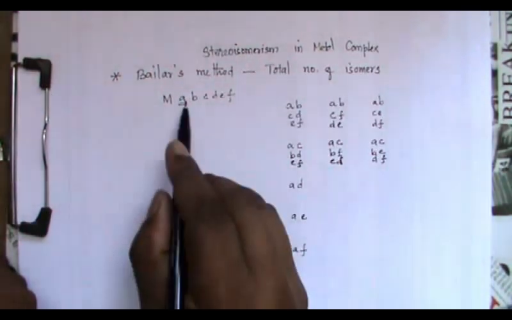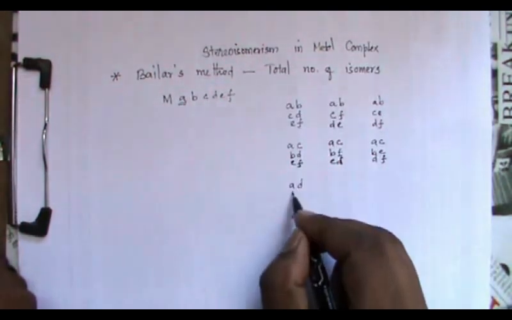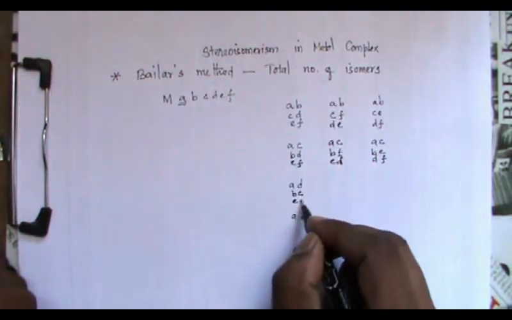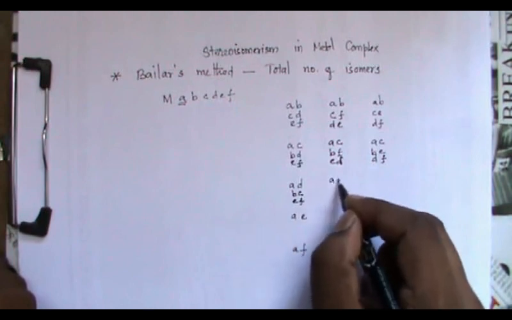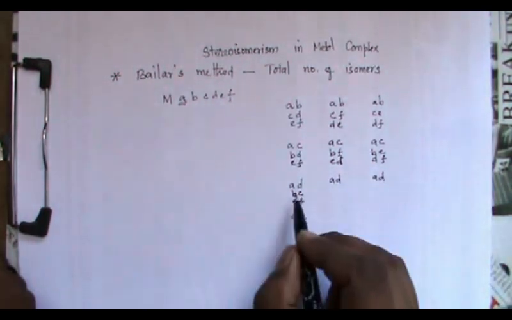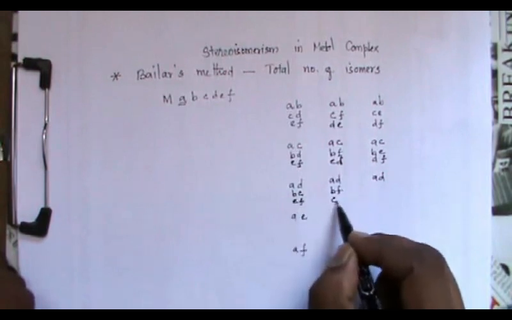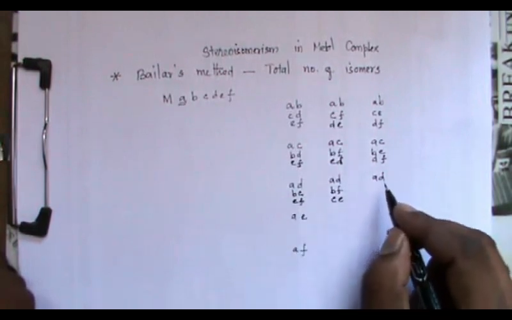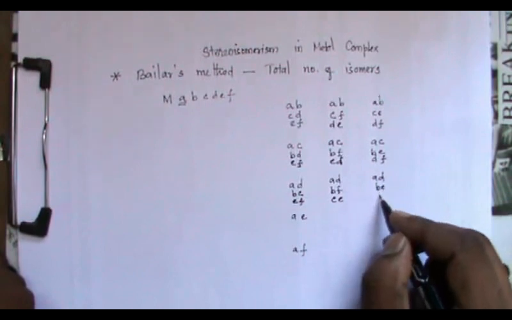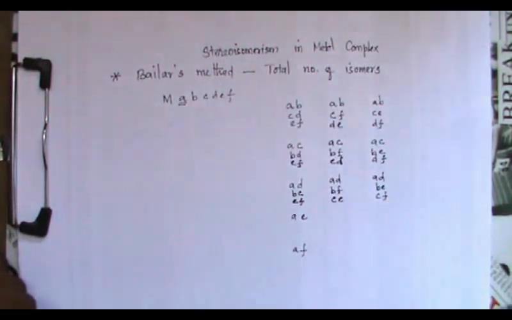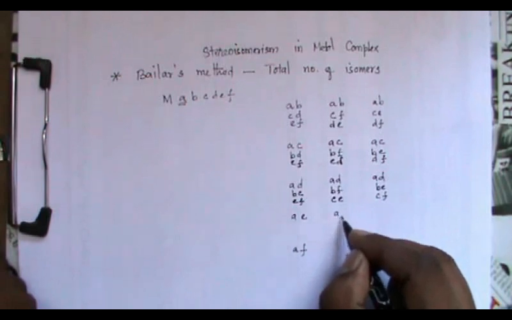The next possibility AD. Then I am left with BC and EF. Next one AE.